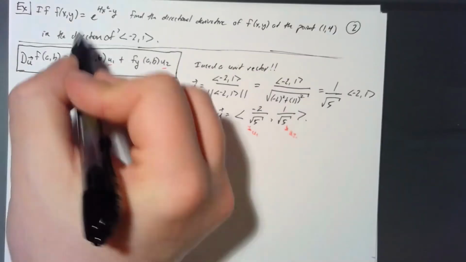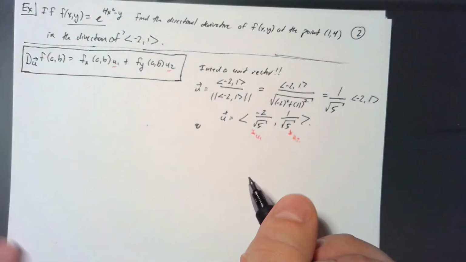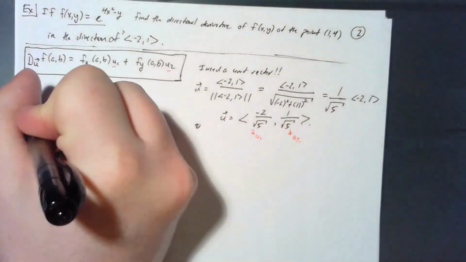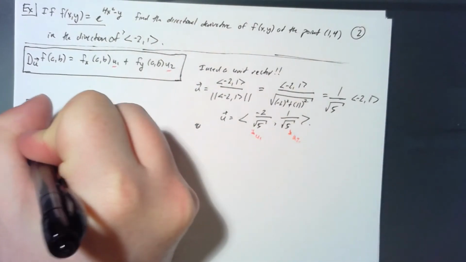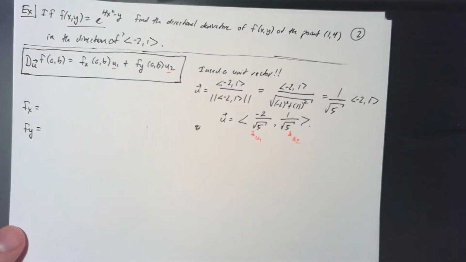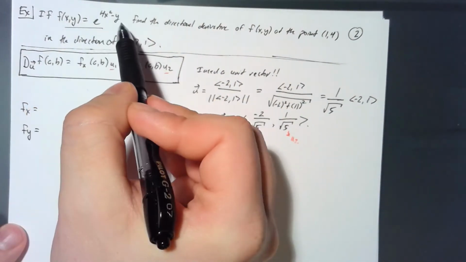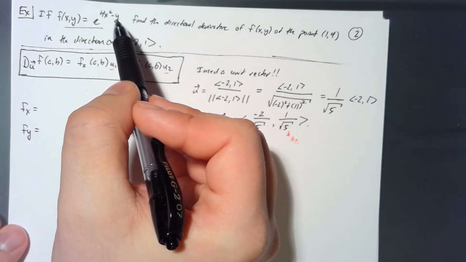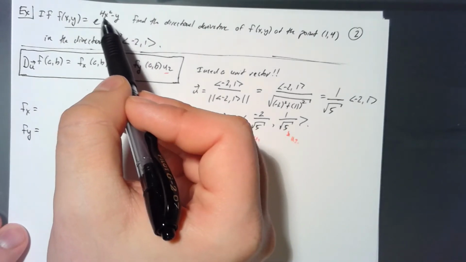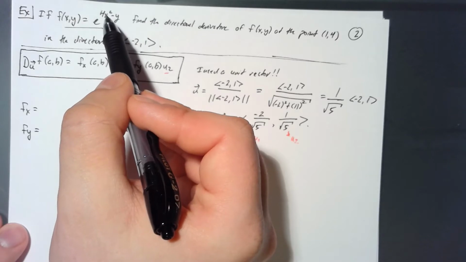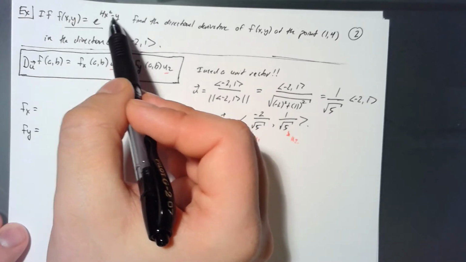Okay, so here's my function. So compute the partials. What's the derivative of this with respect to x? y is going to be held constant. So you could think of this as e to the 4x squared minus a number.